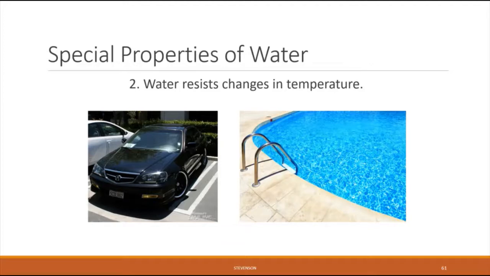And the reason why the temperature of your swimming pool is so different from the temperature of the hood of your car comes back to hydrogen bonding. We know that in hydrogen bonds, molecules are very tightly knit and difficult to pull apart from each other. What happens when the temperature of a substance increases is the molecules start to get physically excited and they start to vibrate and move around. As more and more heat is absorbed by molecules, that means that they become more agitated and they move faster.